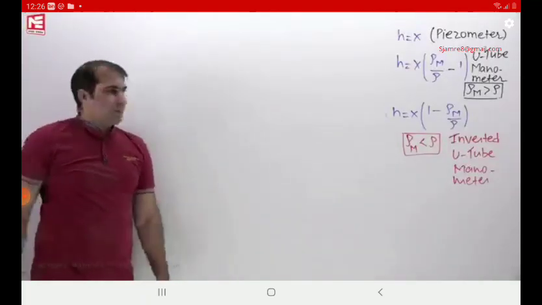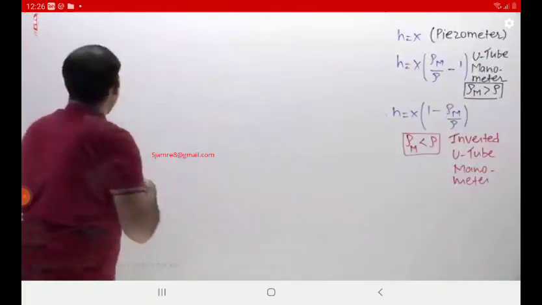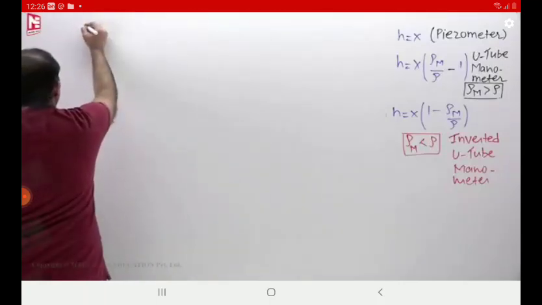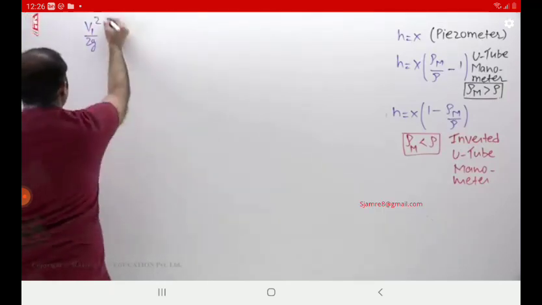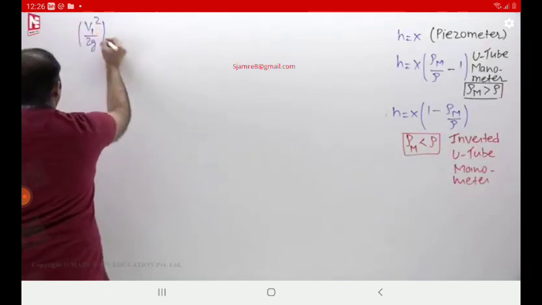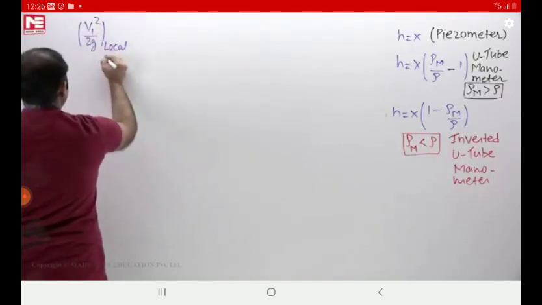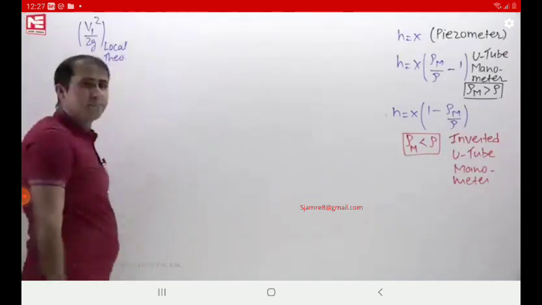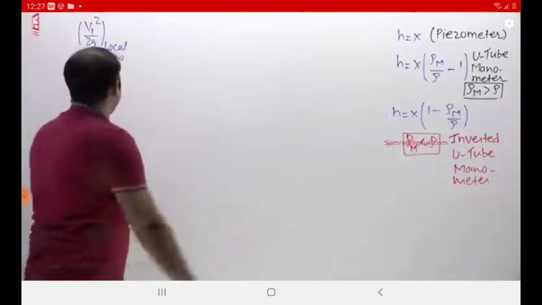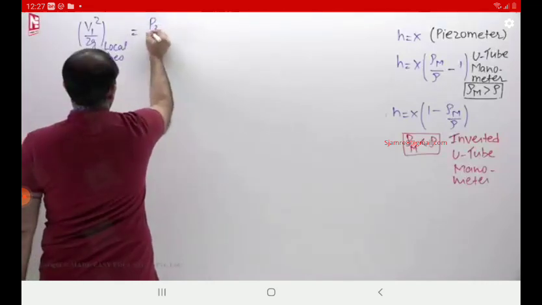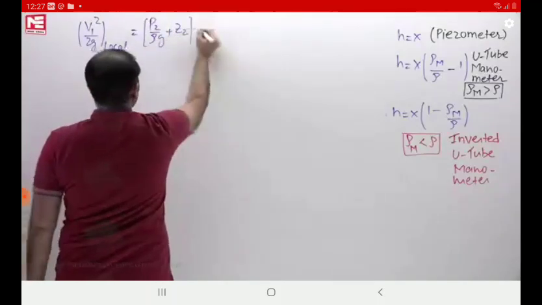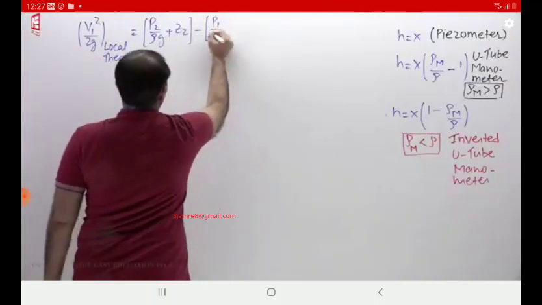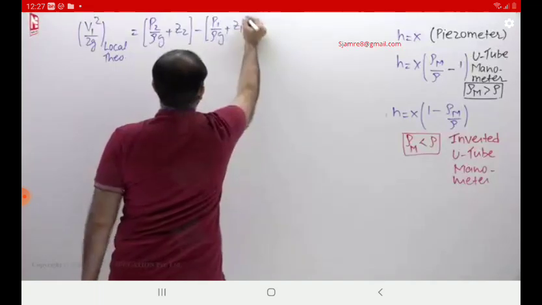My point of discussion is that we saw here, my dear, that V1 square by 2g, this is local theoretical, and that equals P2 by rho g plus Z2 minus P1 by rho g plus Z1.